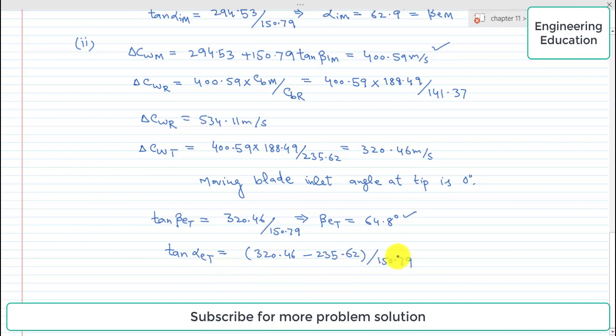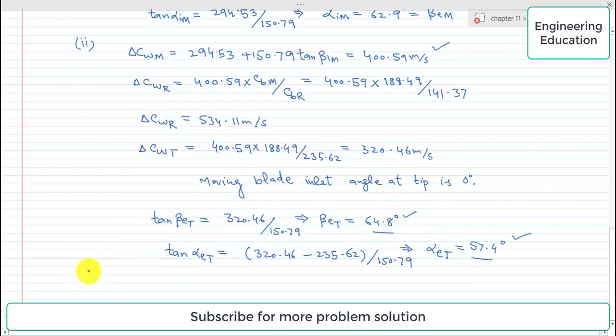So solving for alpha ET, the value of alpha ET comes out 57.4 degree. So this angle is basically the fixed blade angle at exit at tip, which is 57.4 degree.